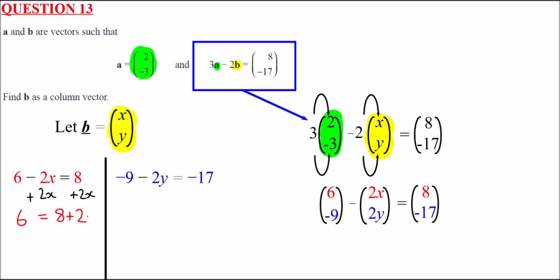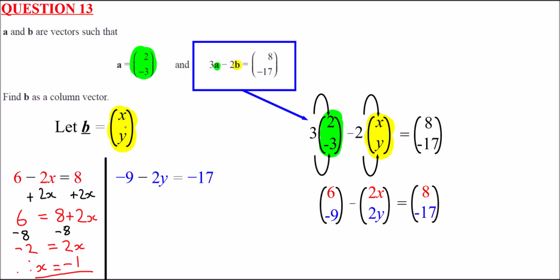I want to isolate x though, so if I take away 8 from both sides, on the left I've got 6 take away 8, which is minus 2. On the right I'll just be left with 2x. Finally, to work out what x is, I can divide through by 2. Therefore x must be equal to minus 1. So the top number of this column vector for B is minus 1.